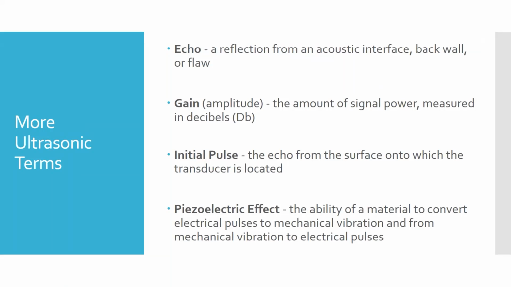You're used to gain on, like I said, a microphone. If you turn the gain up too high on a microphone, it gets really distorted. The same thing can happen here. But if you have it turned down really low, if you're not listening very closely, you'll miss smaller items. So it's a balancing act of turning that gain up to be able to hear really small things, but at the same time not overwhelming yourself, right?